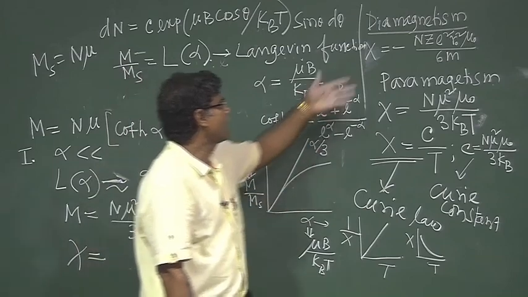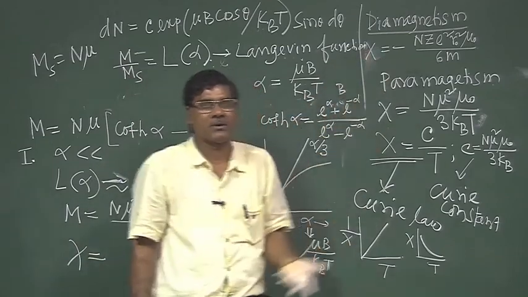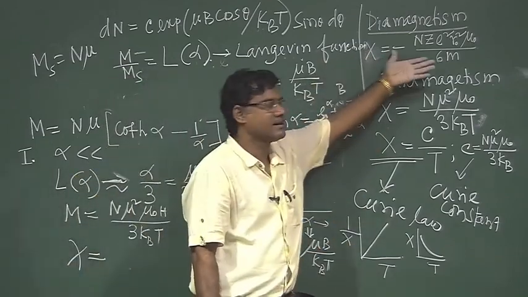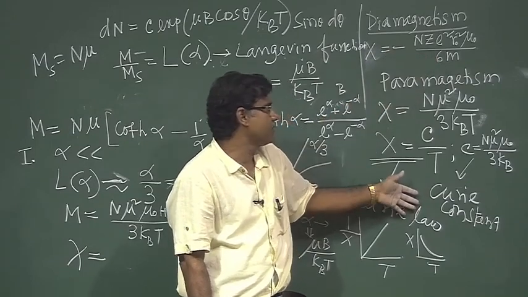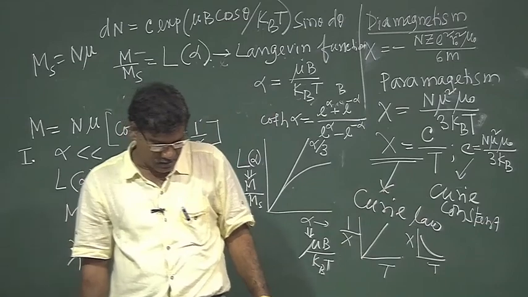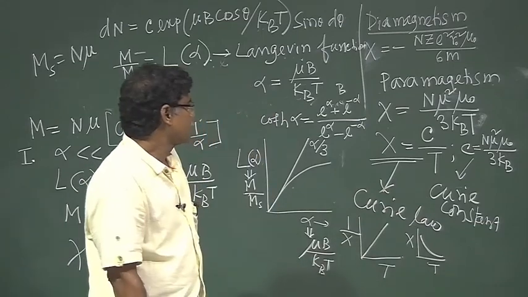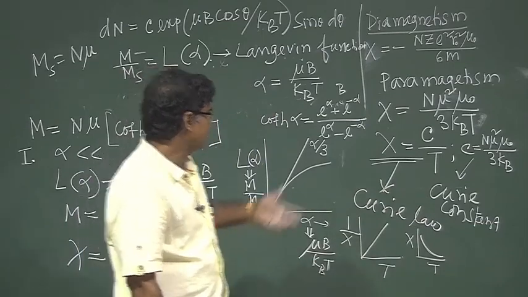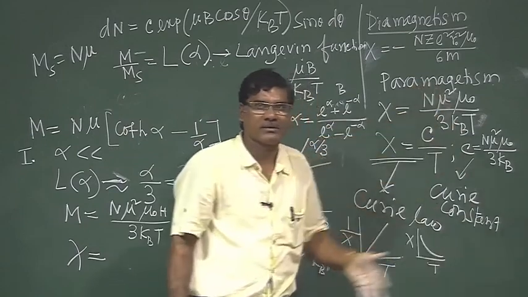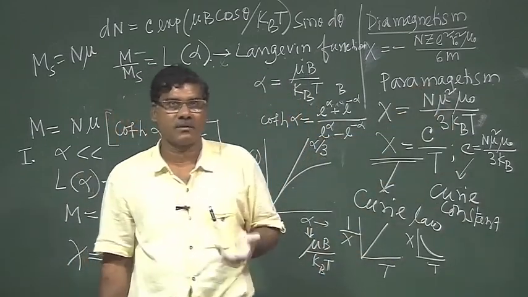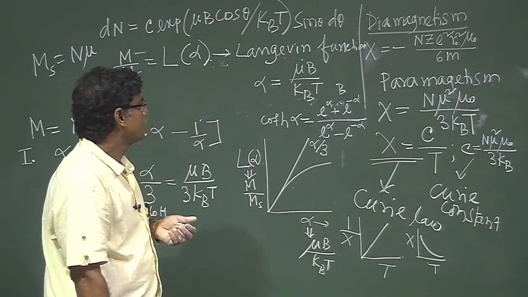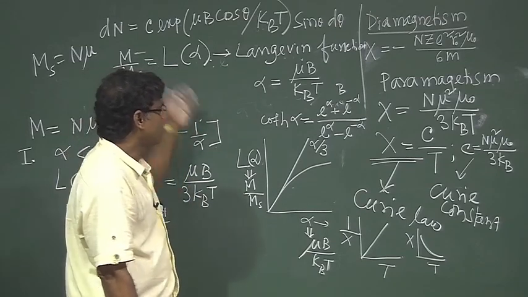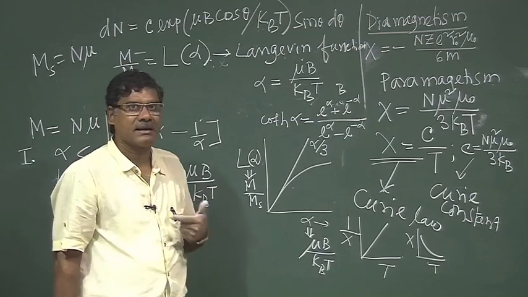In the case of diamagnetism also one can apply the quantum theory, but you will get exactly the same result, so that is why I have not done that one. But for this I will do the quantum theory also. That is very interesting, we get a similar result but in a modified way, which gives more information about the paramagnetism of the material. I will discuss it in the next class.